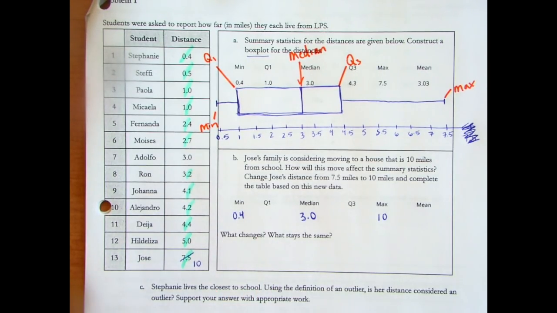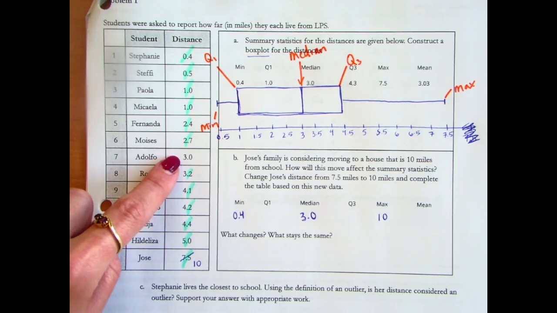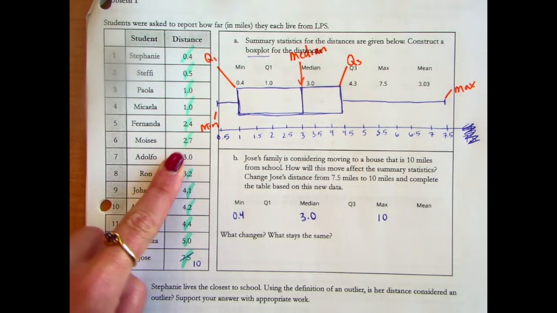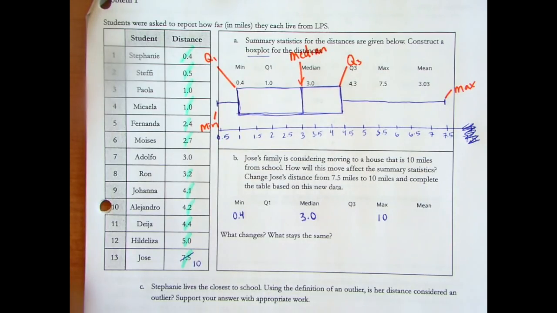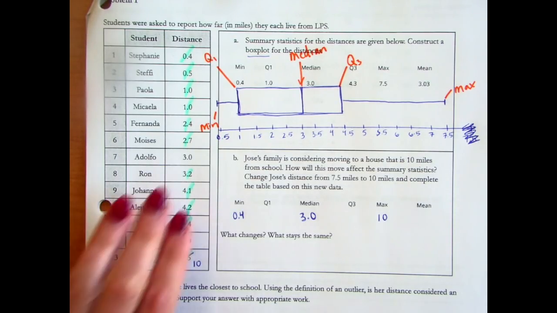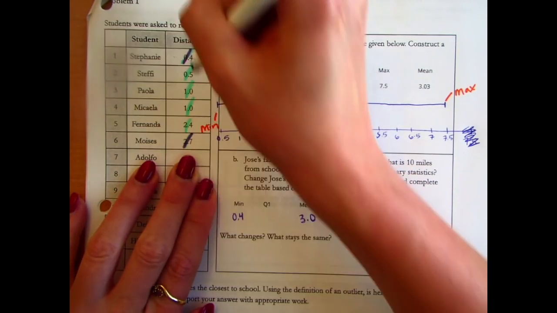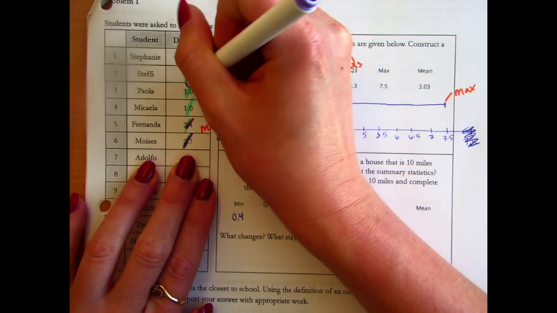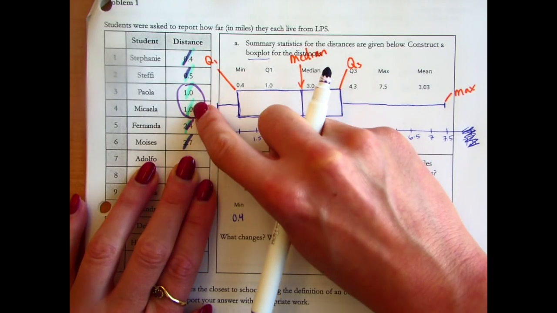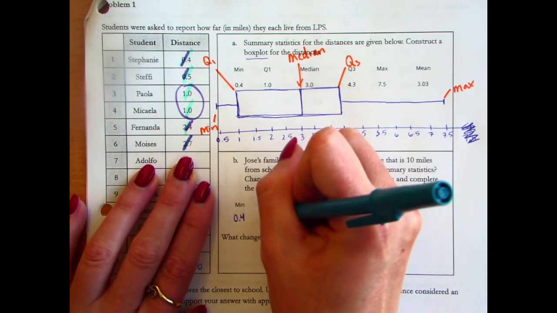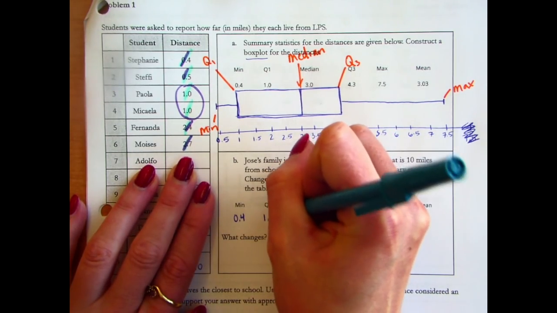My Q3, hopefully you could guess, is also going to be unchanged. It's going to be halfway between 4.2 and 4.4. So my Q3 is going to be in between those two numbers, which is 4.3. So the same as before.